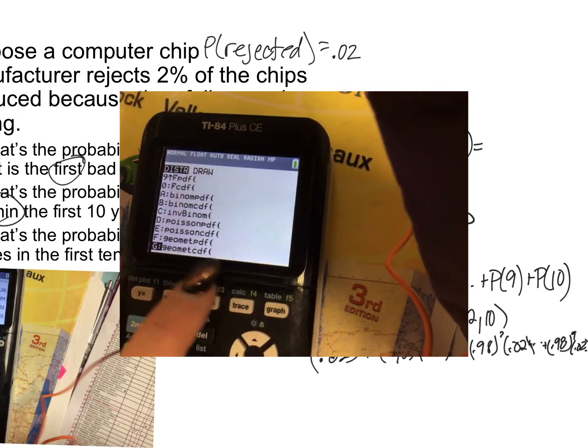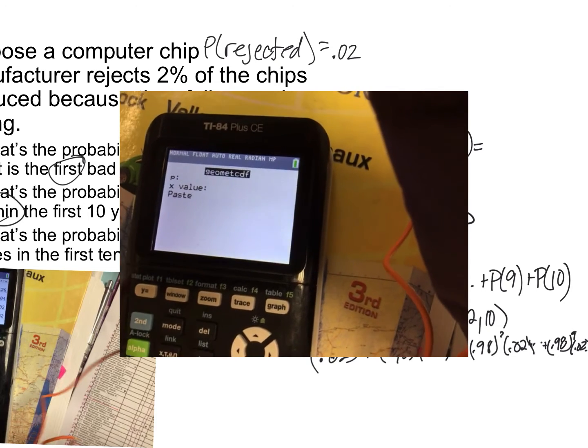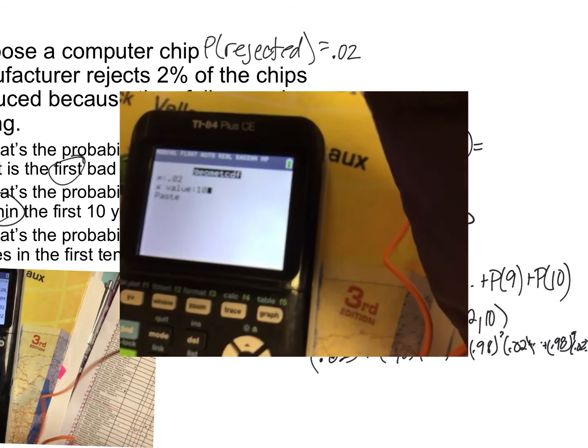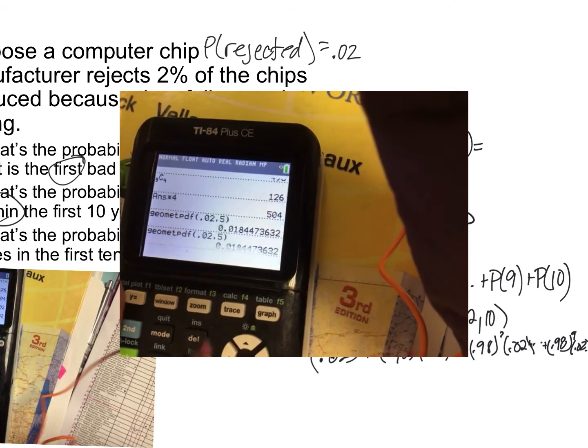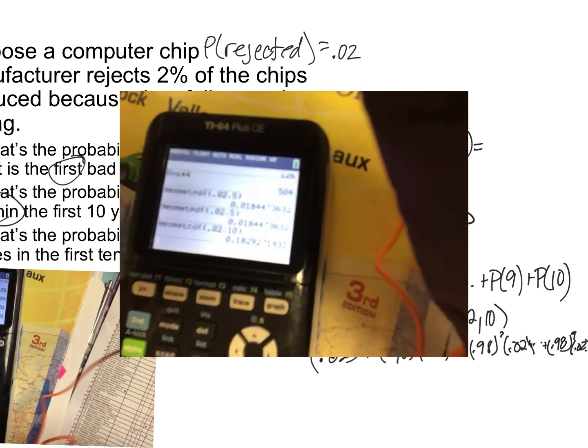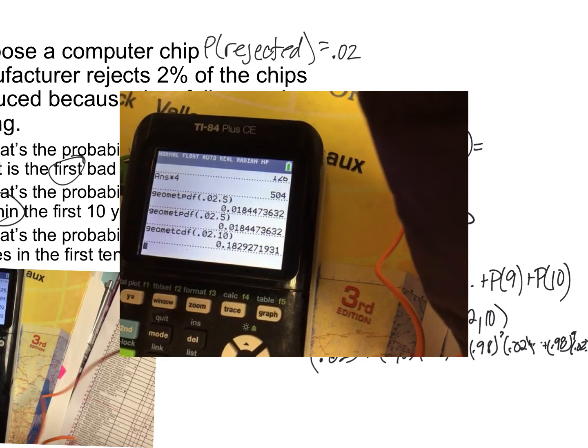Everything is going to add up from 1 all the way to the x that I give it. So my probability is still 0.02, and now my x value is 10. And I'm going to paste that, and we get 0.18293. 0.1829 is good enough.